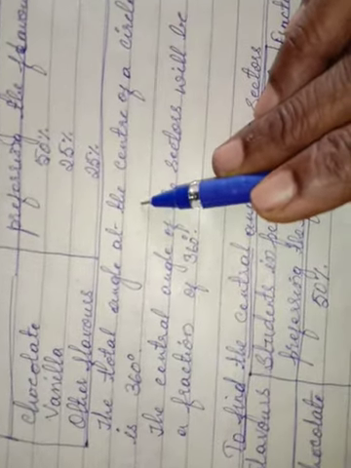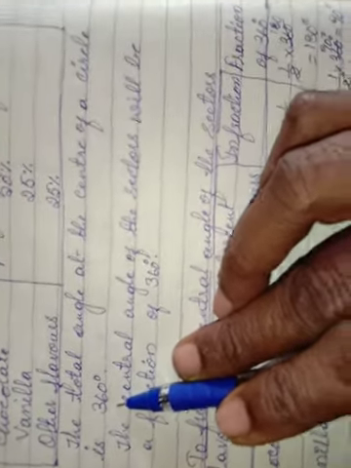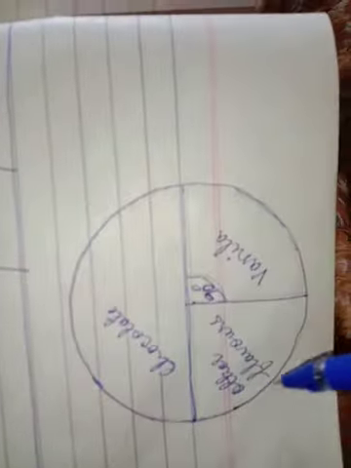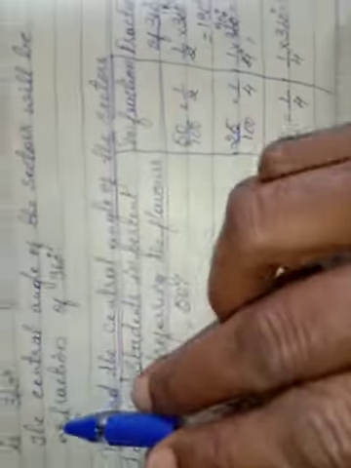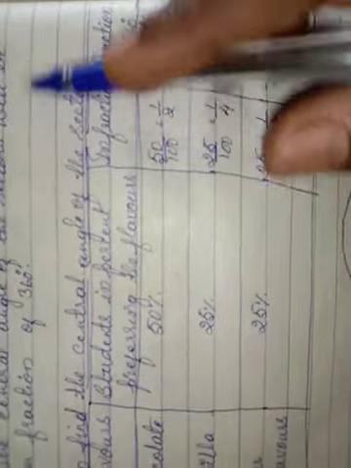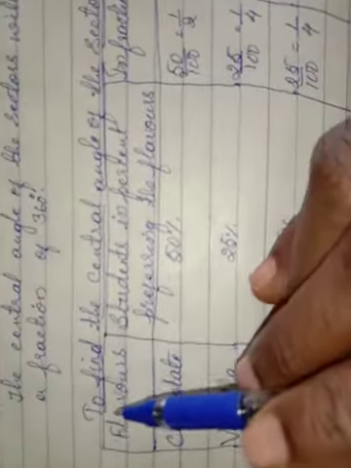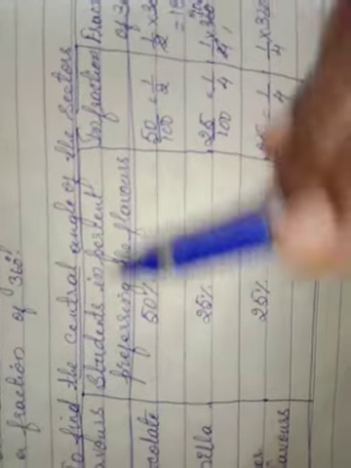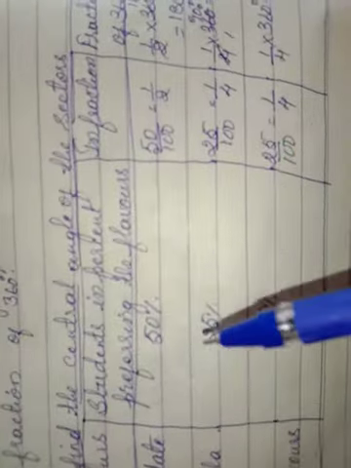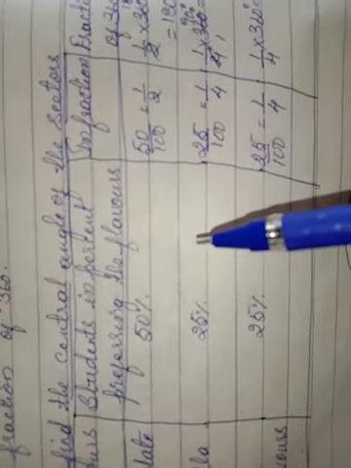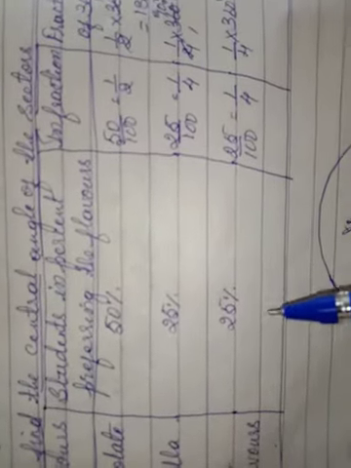The total angle at the center of a circle is 360 degrees. The central angle of the sectors will be a fraction of 360 degrees.